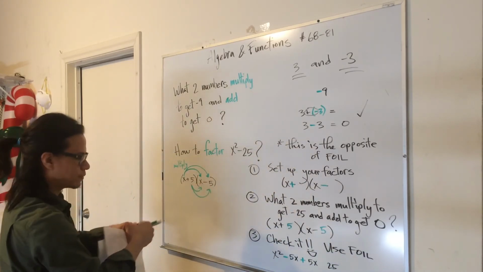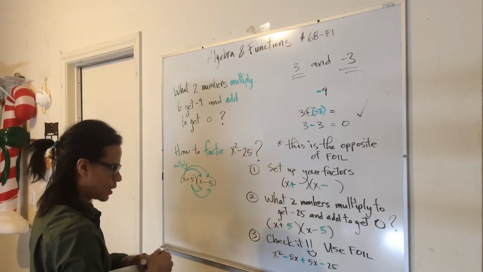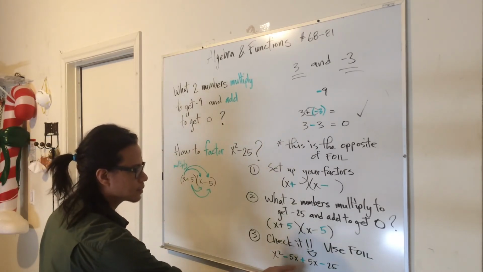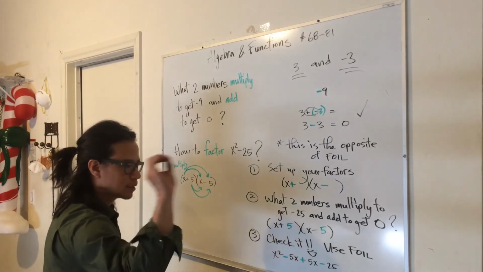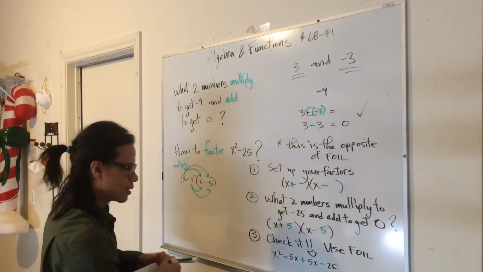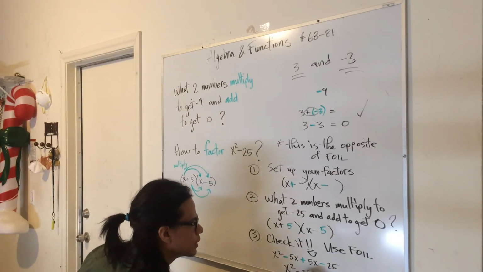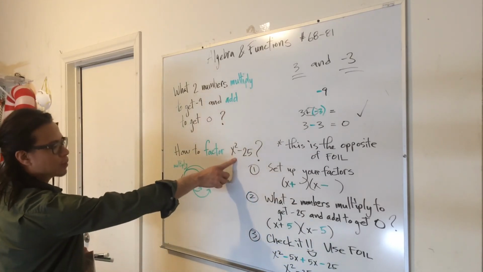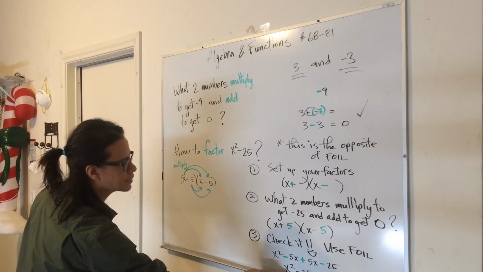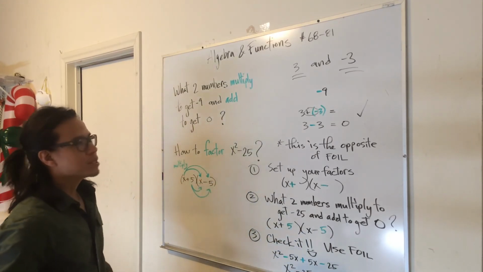Positive times negative is negative. Combine the like terms. Negative 5x plus 5x is 0. So we have x squared minus 25. Let's check to see if that's the same as the original given expression. And yes, it is. x squared minus 25. Mission accomplished.